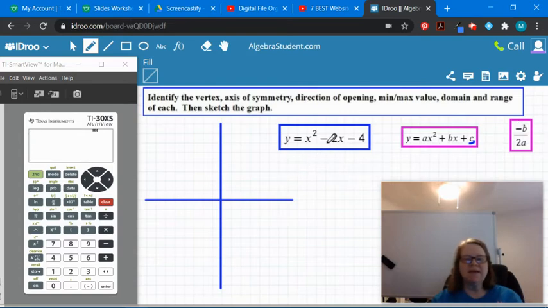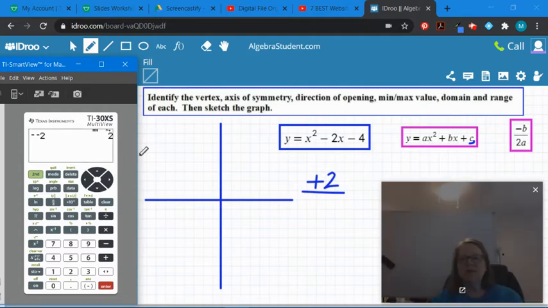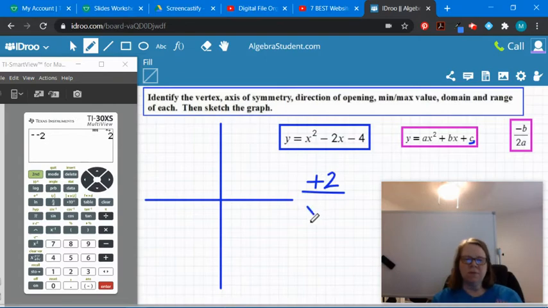So we're going to plug into that. So negative, and then b is -2. So negative, -2. I'm always going to write that as a +2. If you go to your calculator and type in -2 and hit enter, you're going to see it's a +2. So negative b over 2a. So 2a, and a is an understood 1 because there's nothing written in front of the x squared.